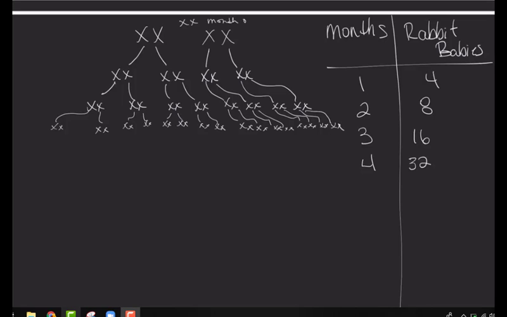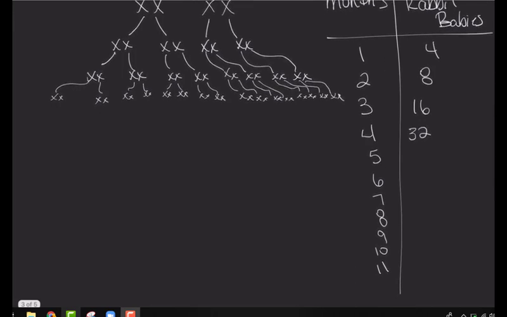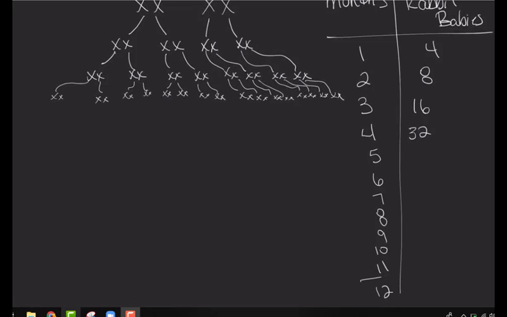So what do you think is going to happen in the fifth month? How many do you think we're going to have? In the sixth month? How many do we have to go to? We have to figure out how many rabbits we have in 12 months.